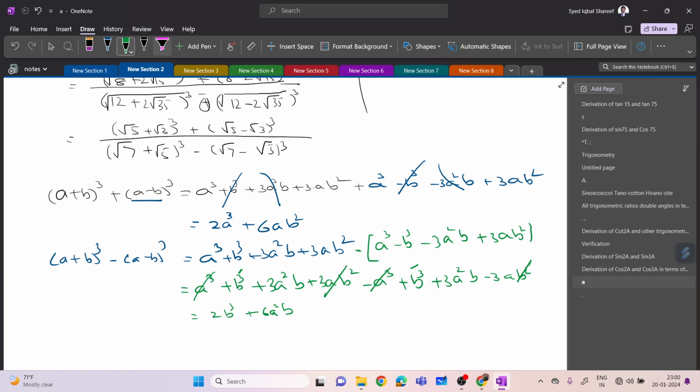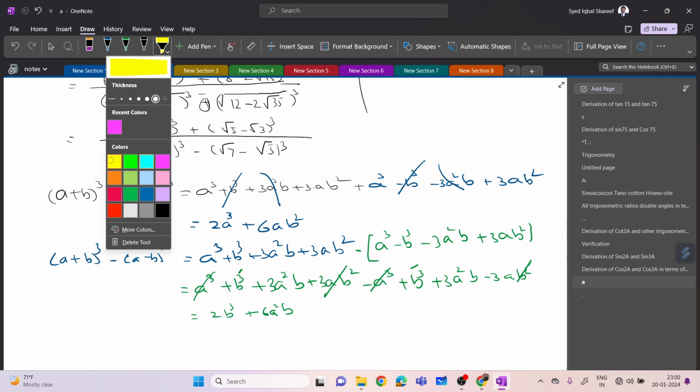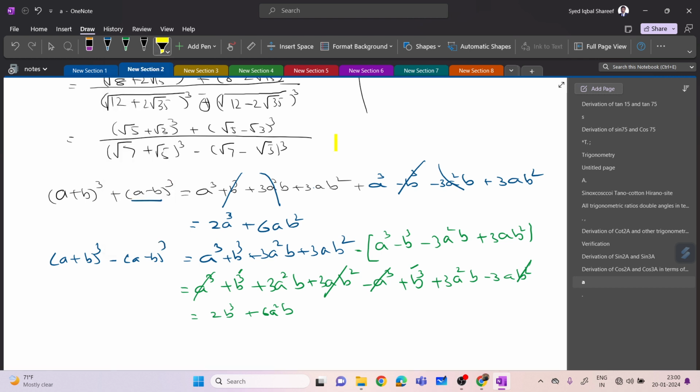So let me highlight it for you because it should not be confusing for you. You see, for the numerator, you see this one. The complete, we can write this. And for the denominator, this part. So let me write it down.